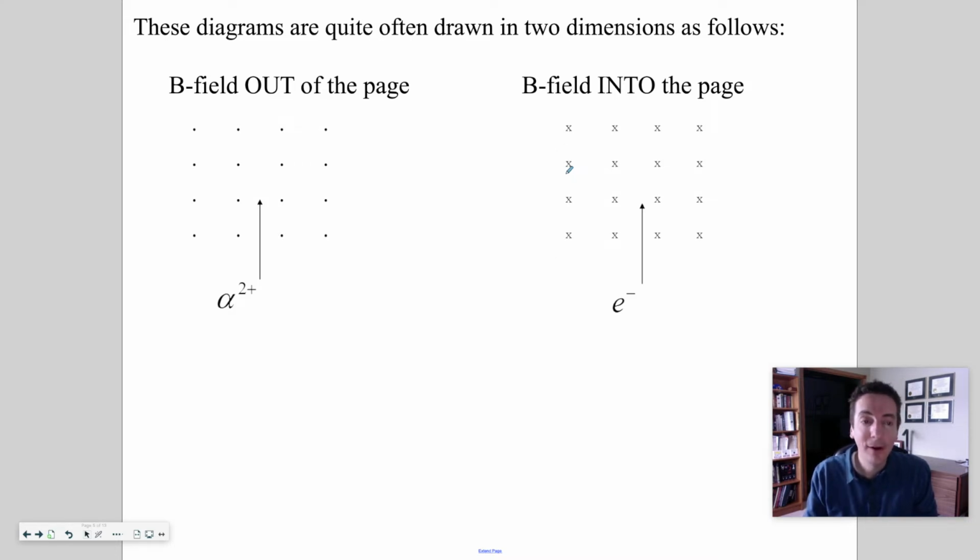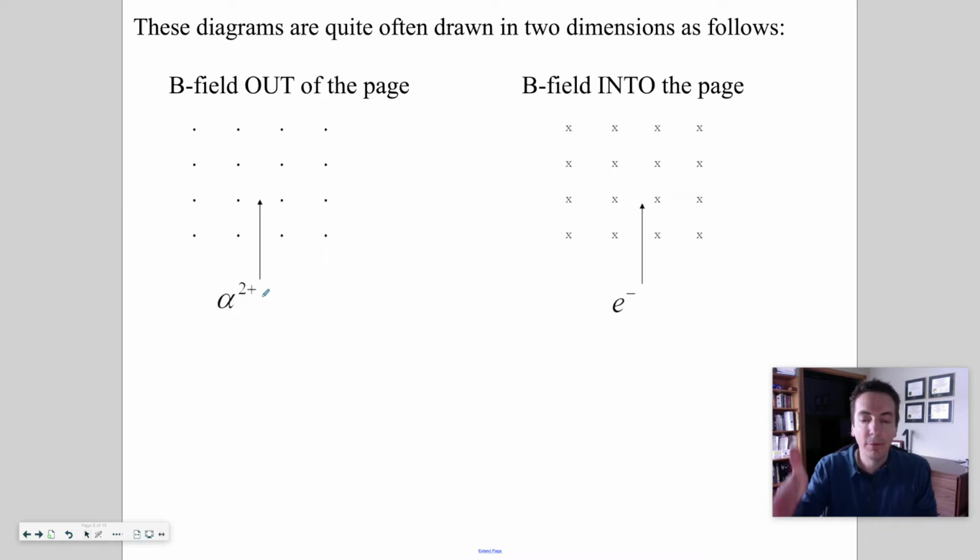Hopefully you actually paused and you're back and you're here to check your answers. So let's see. First decision we make is which hand we need to use. This is an alpha particle with a positive charge, so we've got to use our right hand.